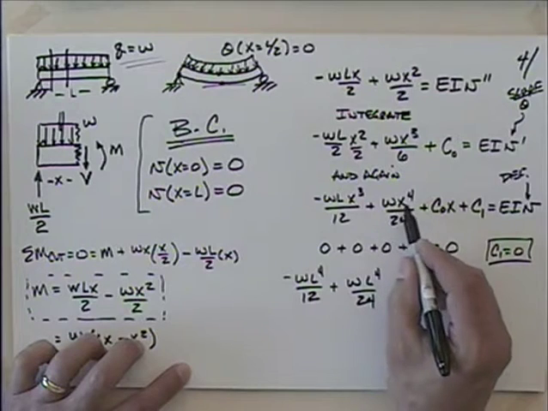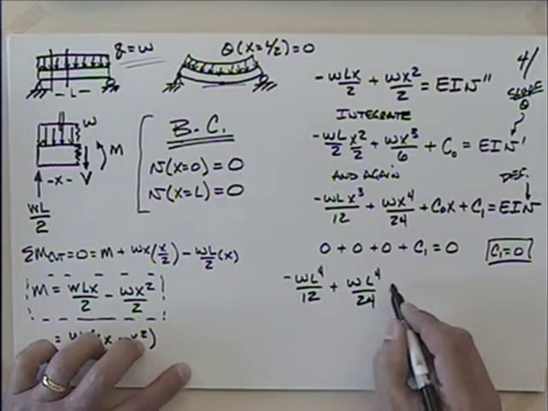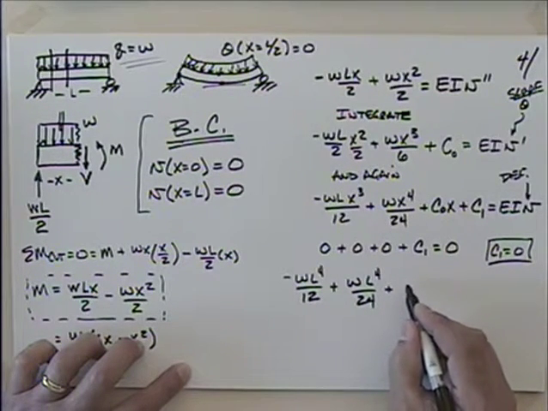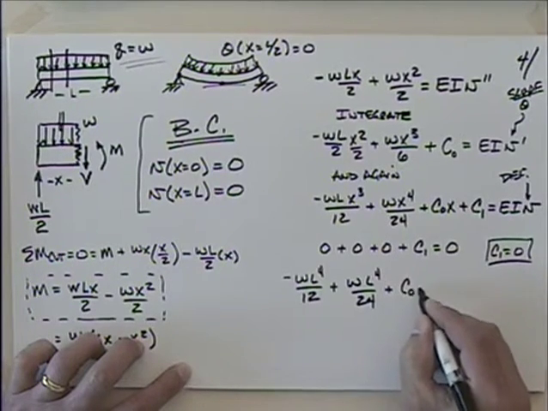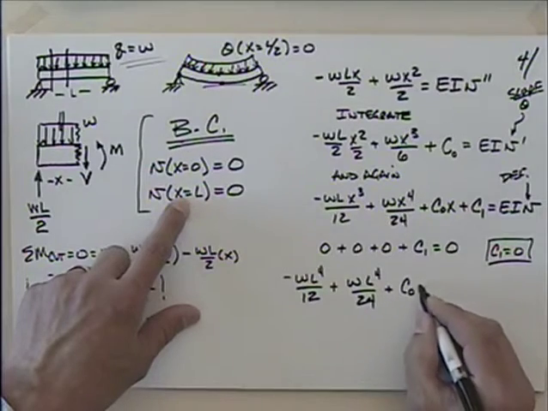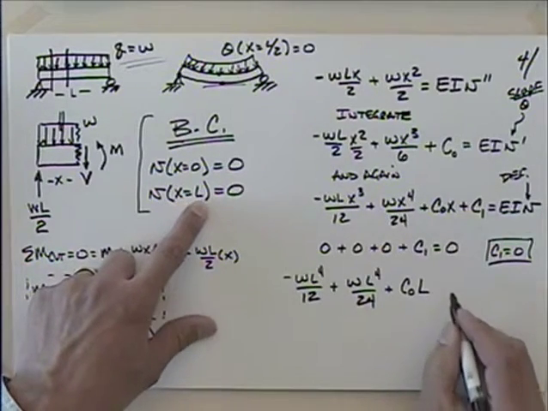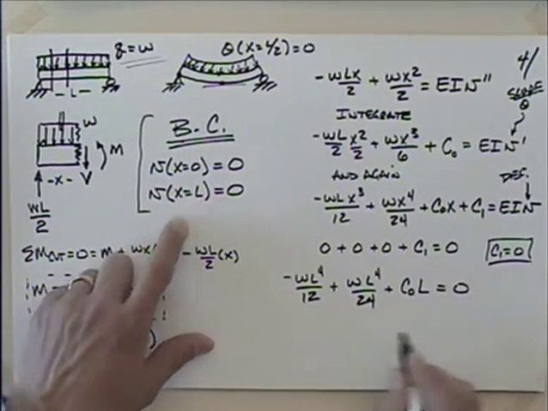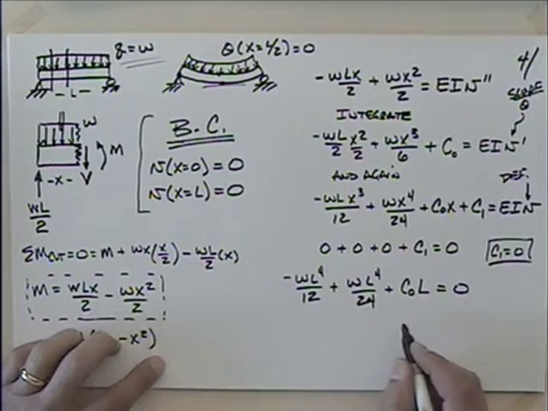So we've got WL to the 4th over 24 plus C naught times x. C naught times x, what was x? X is equal to L, so C naught times L is equal to 0. So we can solve for C naught.